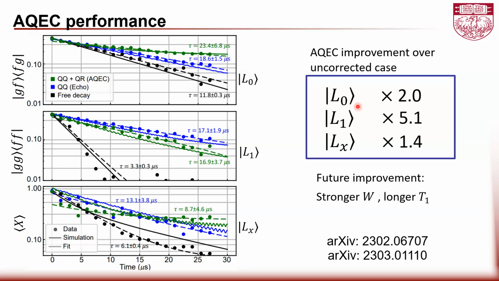For better improvement, we would want a stronger QQ sideband rate W and even longer transmon T1. The crucial part here is that the QQ sideband rate W we used is very small, only 1.5 megahertz. If we can slightly improve that to 2.5 or even 3 megahertz, we will see a much better improvement in our error correction.